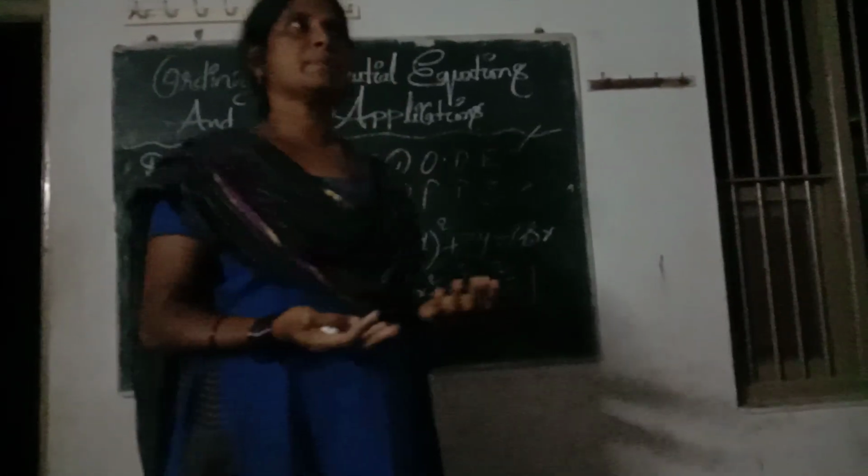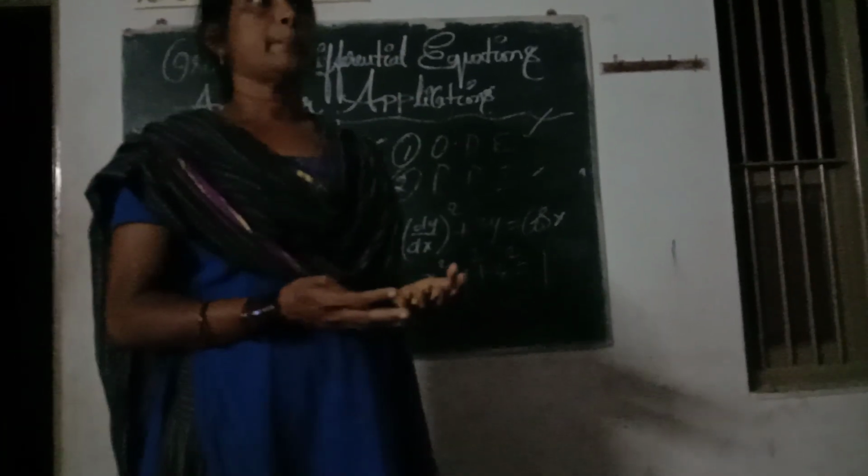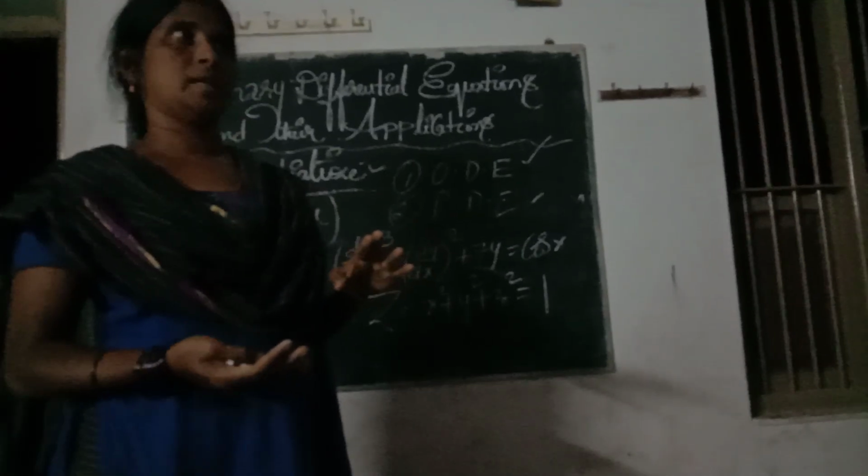Next, I will explain the order of a differential equation. What is the order of a differential equation? In a given differential equation, the highest order derivative is called the order of the given differential equation.